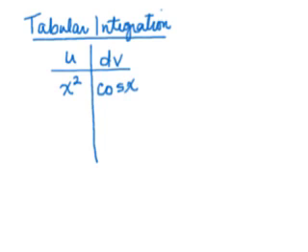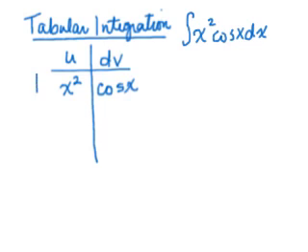Okay, we're going to take the same problem, x squared cosine x dx, but we're going to do it a little differently. So as you see, I've made up columns, also known as tabs, and down this column, we're going to take u primes, derivatives, until we reach 0.